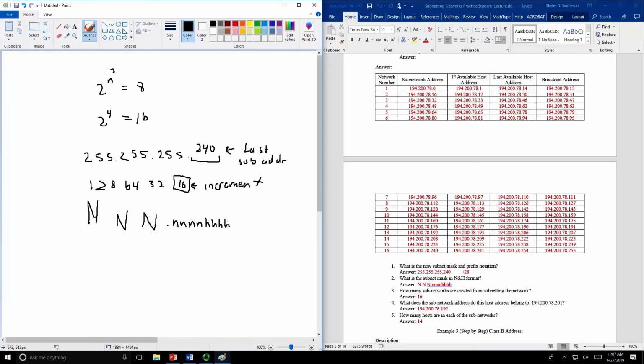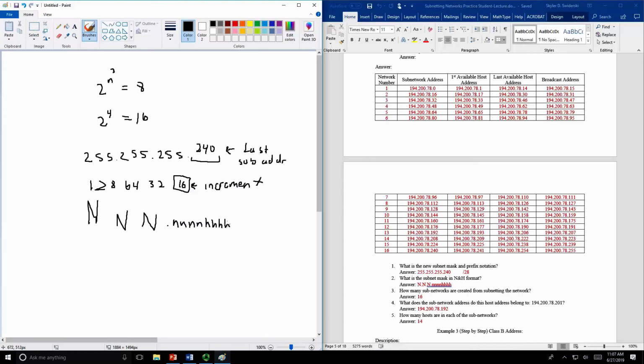Since we had to take 4 bits and we only needed 12, but since 2 to the 4 equals 16, we had 4 extra subnetworks. So we had 16 total subnetworks from subnetting the network. What is the subnet address that the host address belongs to?